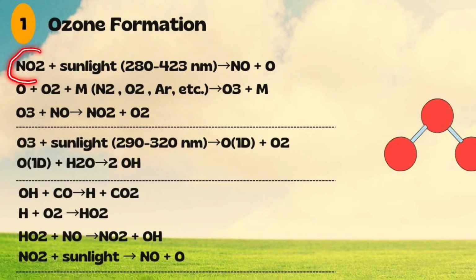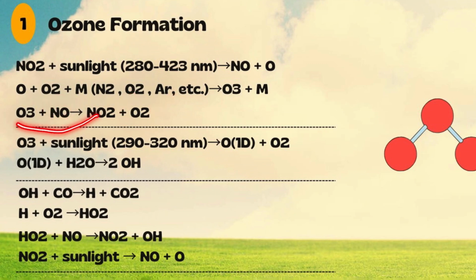So NO2, which is coming from the traffic emissions or automobile emissions, in the presence of sunlight having UV radiation of this range, produces nitrogen oxide and an oxygen atom. Then this oxygen atom, in the presence of atmospheric oxygen and a third body such as nitrogen, oxygen or argon, produces ozone. And in the next reaction, this ozone is consumed by NO to produce NO2 and O2.